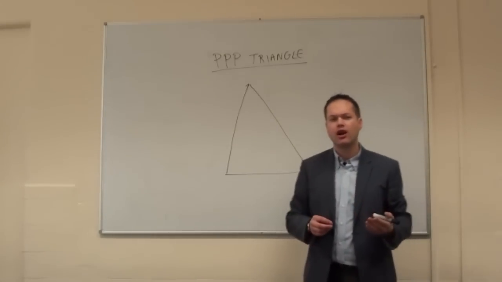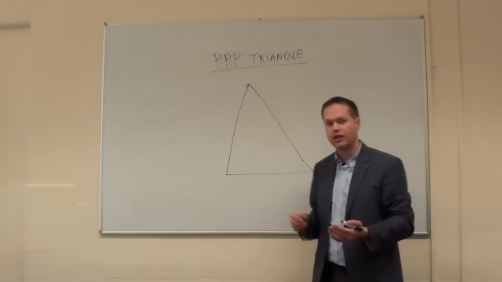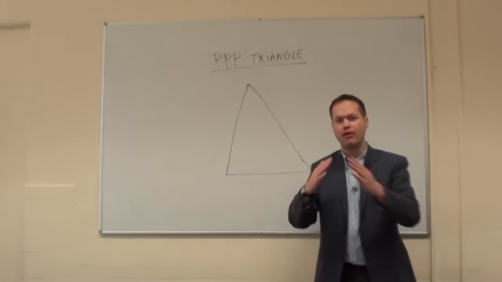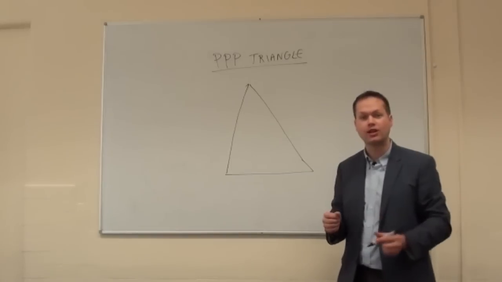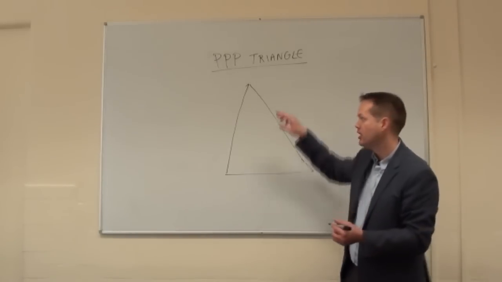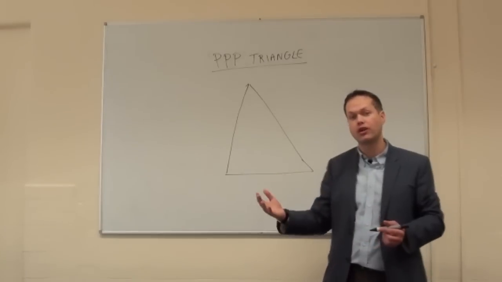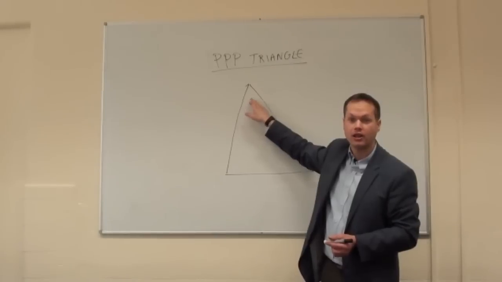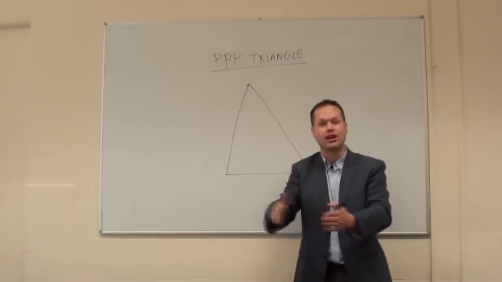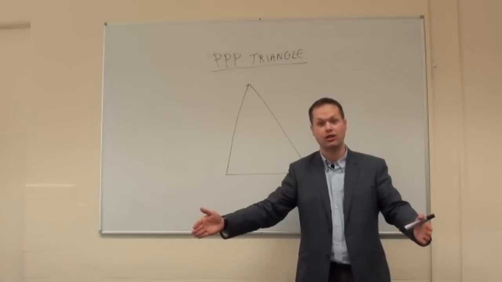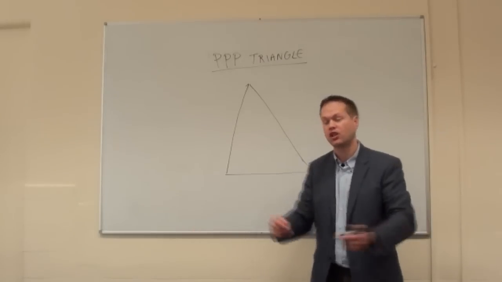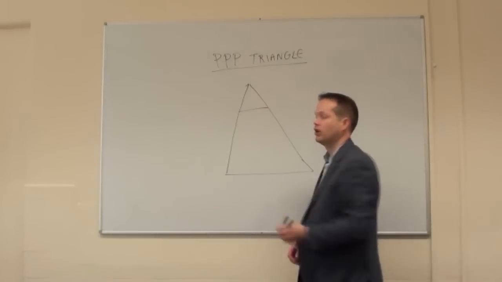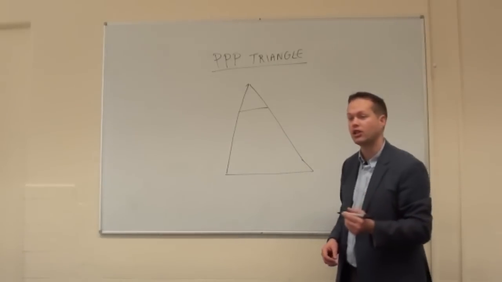Now the PPP Triangle is this shape, this triangular or pyramid shape, because it represents the stages of the lesson in the sense that the teacher talking time is small at the beginning and the student talking time expands as the lesson progresses. So in the first stage, now the first P is presentation.